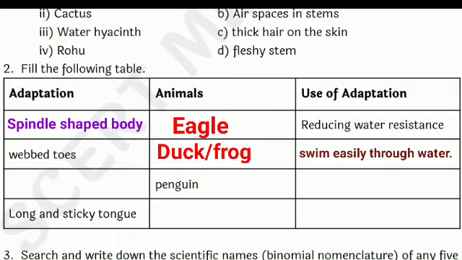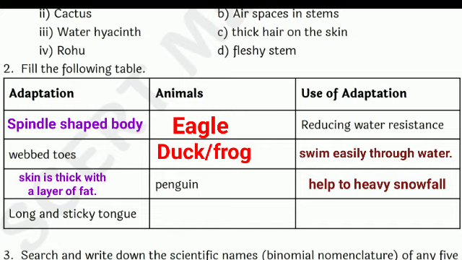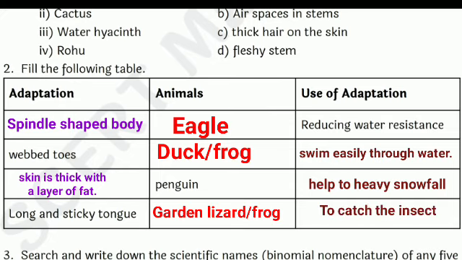Next, penguin, adaptation is skin thick with a layer of fat, use is to help against heavy snowfall. Next, long and sticky tongue, animals garden lizard or frog, use is to catch insects.